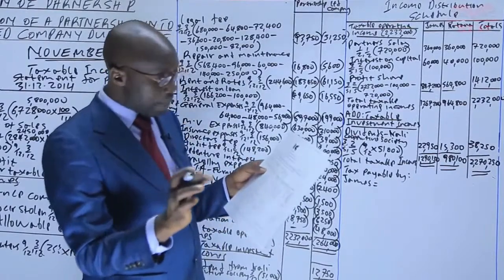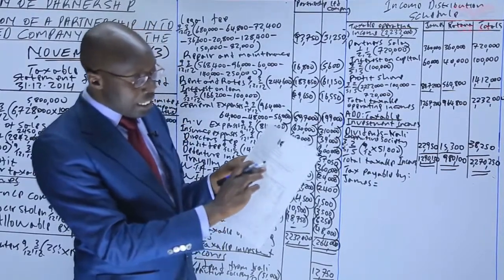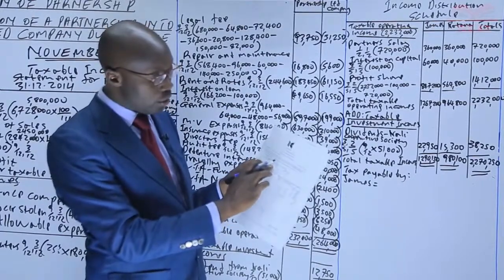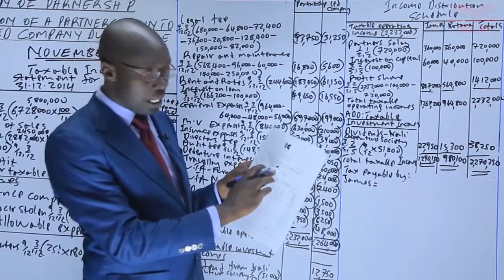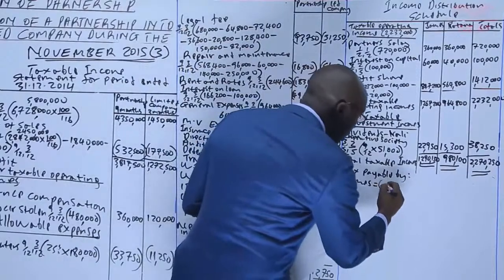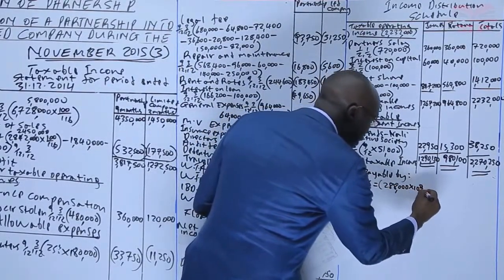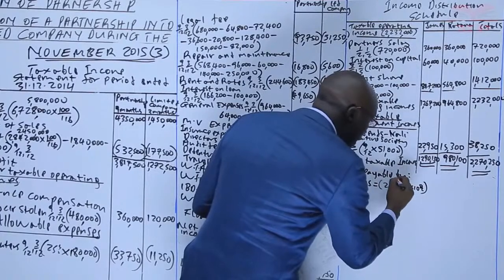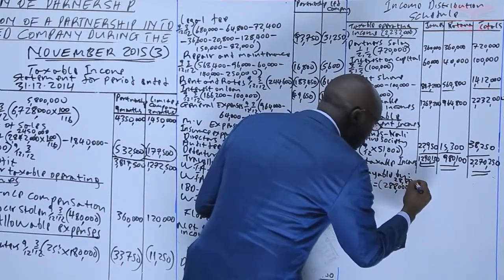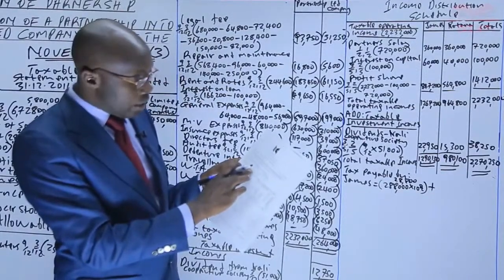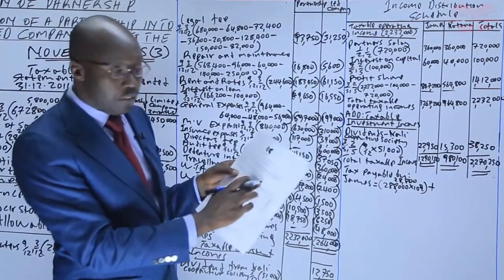So we start taxing. At the rate of 10%, you normally take the last figure appearing at the rate of 10%. You see, it is 1 shilling to 288, so the last figure is 288. So we take 288,000 times 10%. That gives us 28,800. Then we add, you can see between 288,001 to 388,000, 25%.